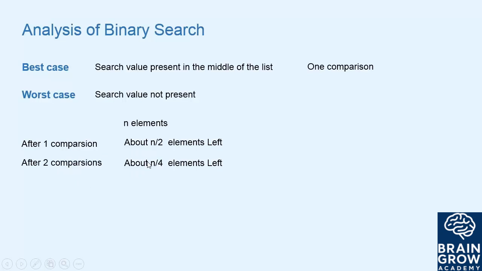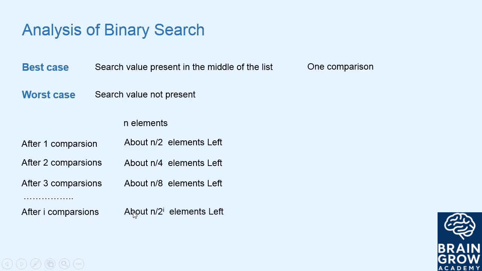After 2 comparisons, we'll have about n by 4 elements left. After 3 comparisons, we'll have about n by 8 elements left. After i comparisons, we'll have about n by 2 raised to the power i elements left.